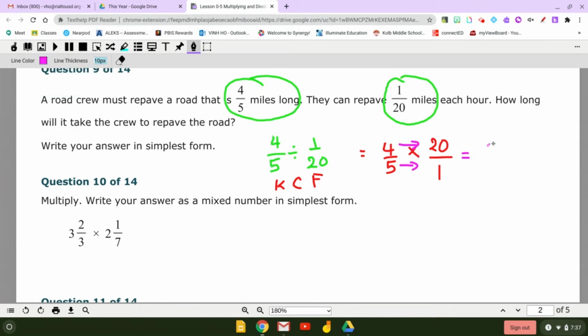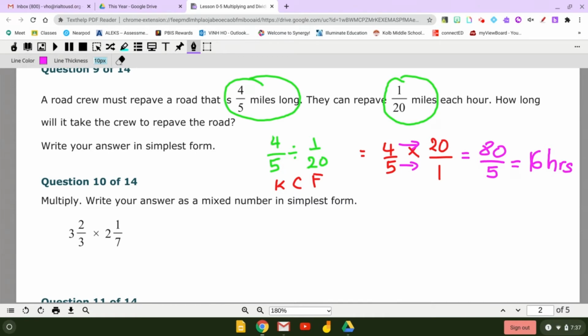That will give you 80 over 5. 8 divided by 5 is 1 time, left over 3. That will make 30. So 30 divided by 5 will give you 6. So it will take 16 hours to repave the road.